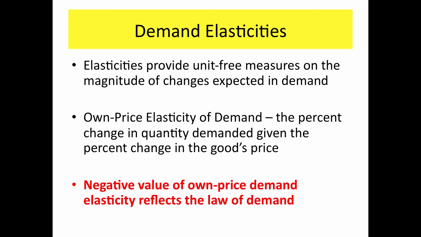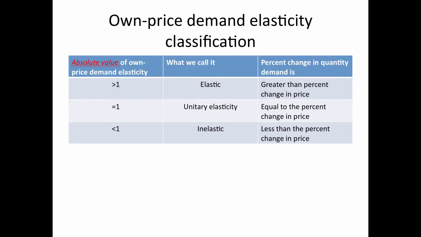What that means is that the own price elasticity of demand will have a negative value. Stated another way, the negative value of own price elasticities of demand simply reflects the law of demand, and that we know that prices and quantities tend to move in opposite directions when we're dealing with consumption decisions made by consumers.